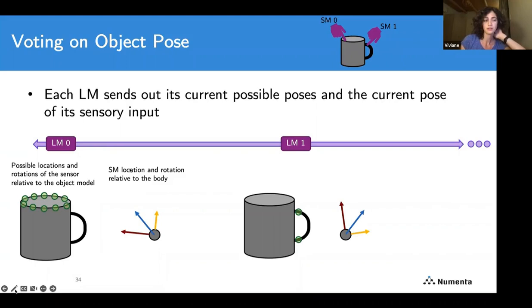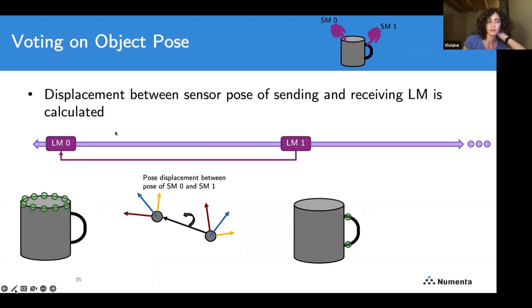We have the sensor module location and rotation relative to the body. And with rotation, I'm saying these three vectors I talked about earlier, the point normal and the curvature directions. In the next step, I calculate the displacement between the two sensor poses, from the sending to the receiving learning module.